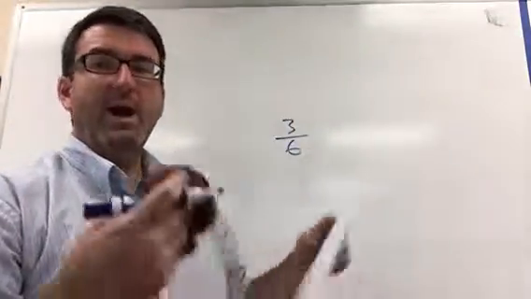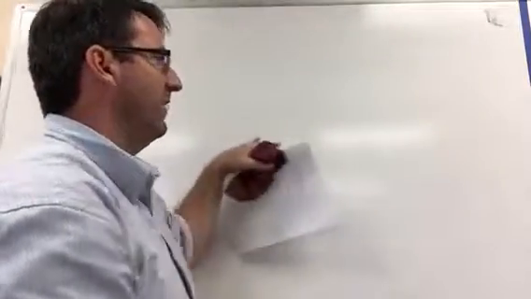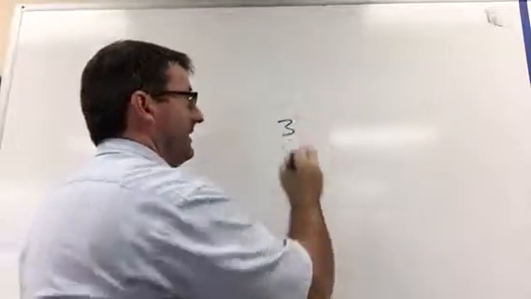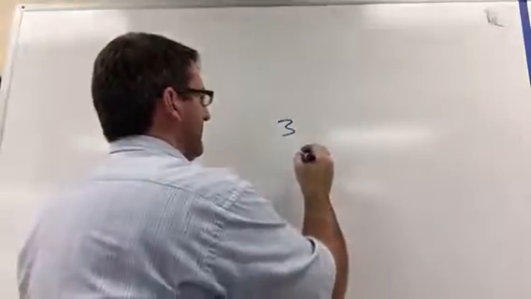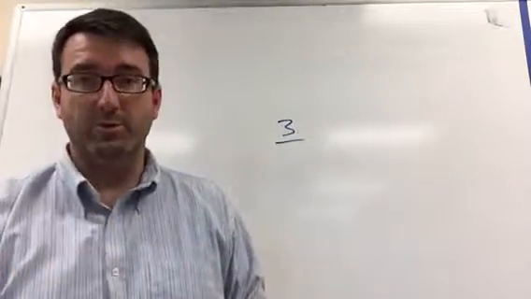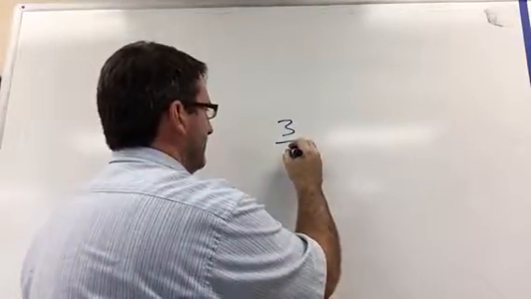So that would be the probability. Odds are a little different. With odds, we say what are the total number of ways that we can win? So that would be 3. To the total number of ways that we can lose. And so the total number of ways we can lose is 3.